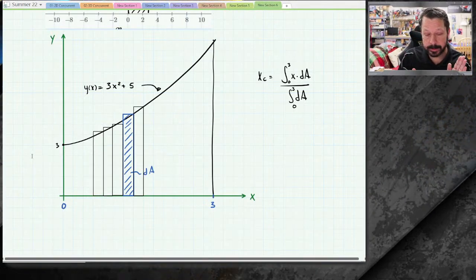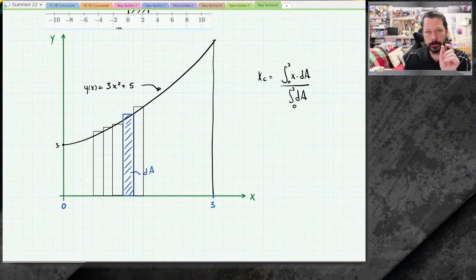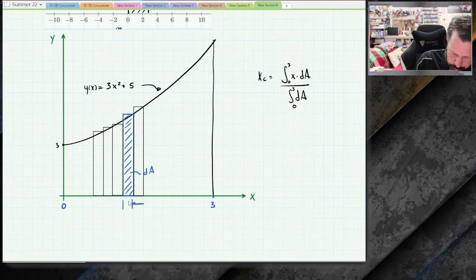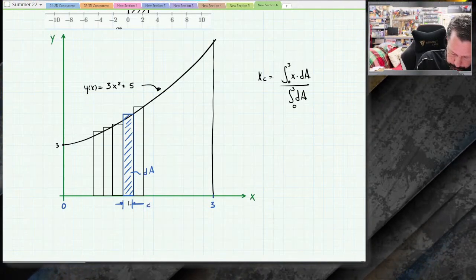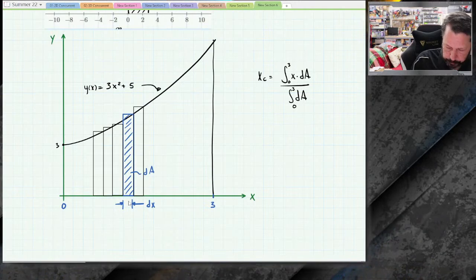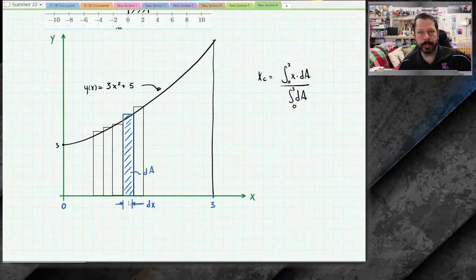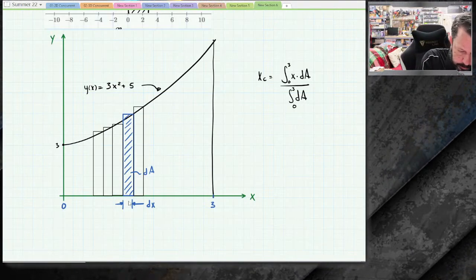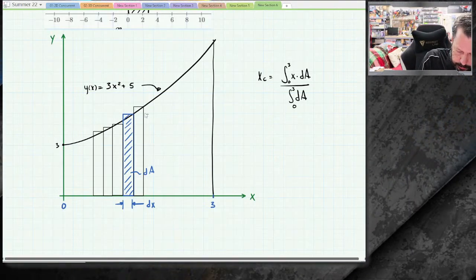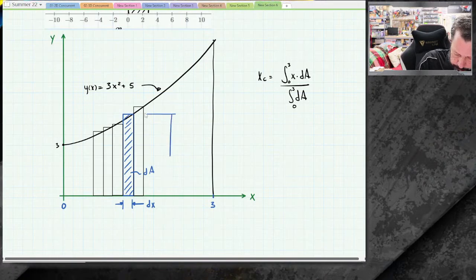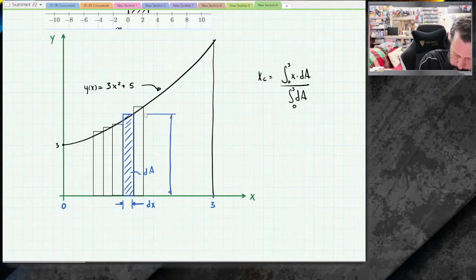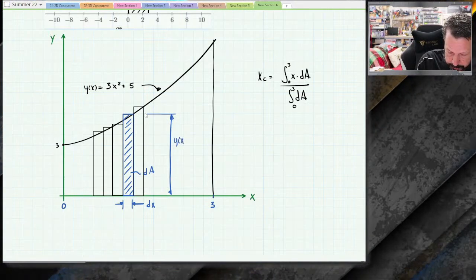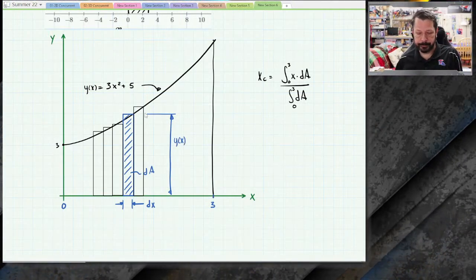Now, to make them really thin, I give them a special width called dx. Right? So I give them this little dx width. Their height is this guy. Their height is y of x. So 3x squared plus 5.